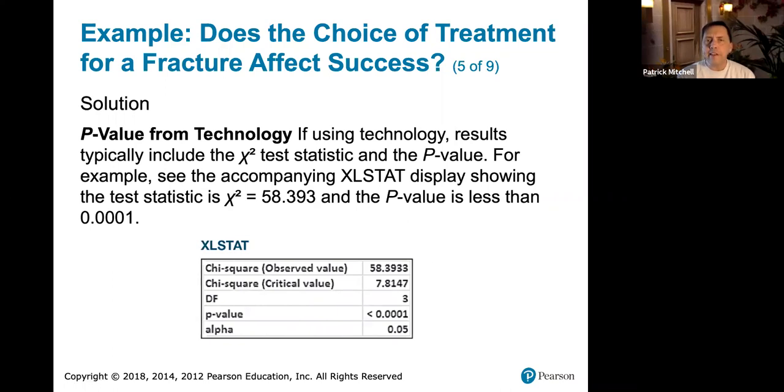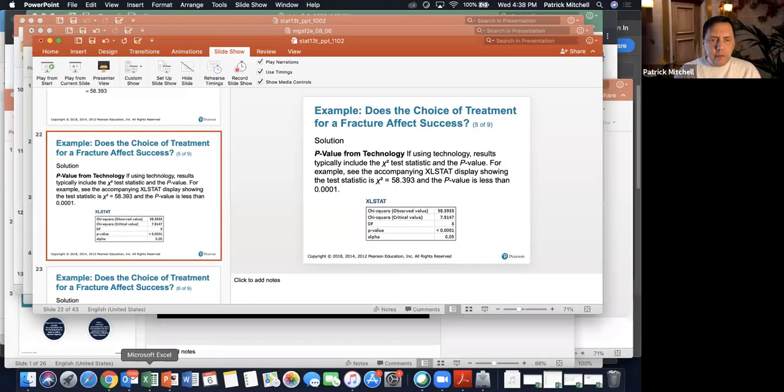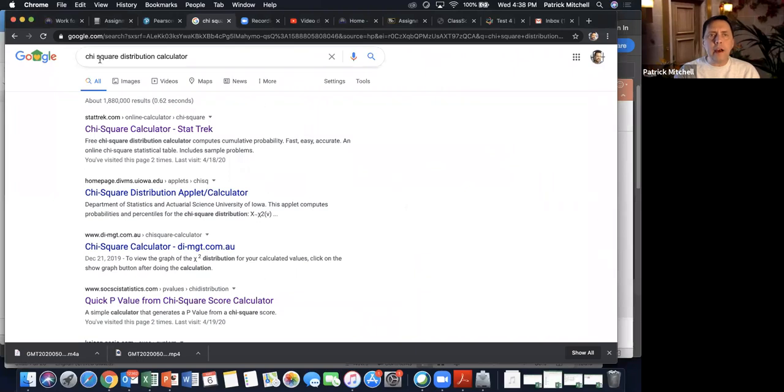So using Excel stat, which we haven't used, Excel stat was able to come up with the 58.393, and it says that the p-value is less than 0.0001.